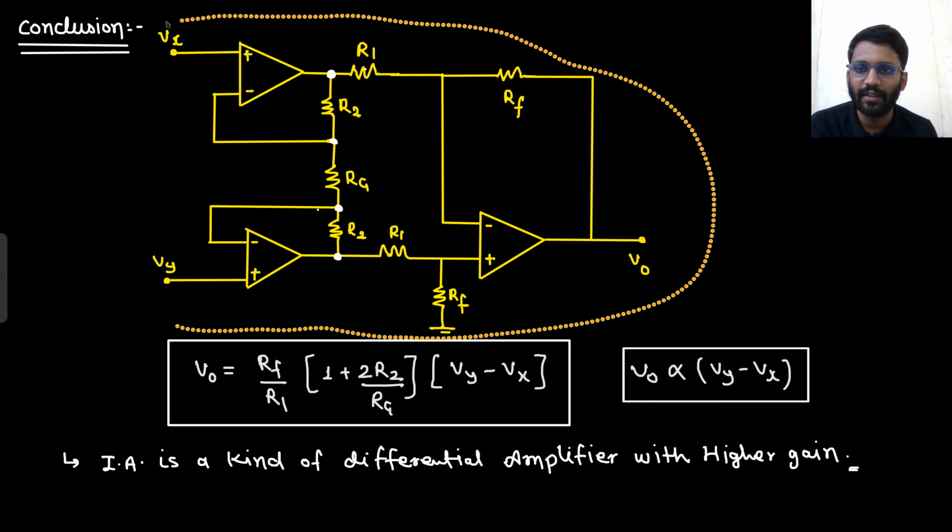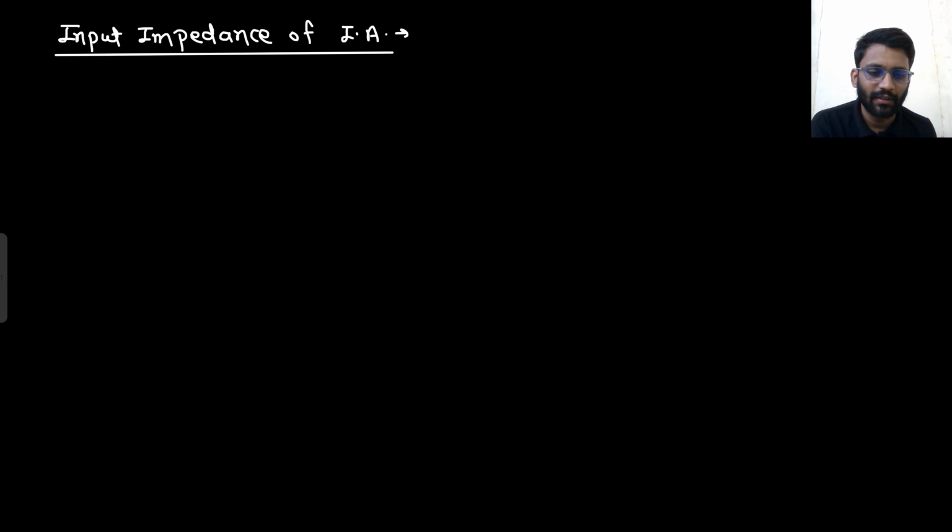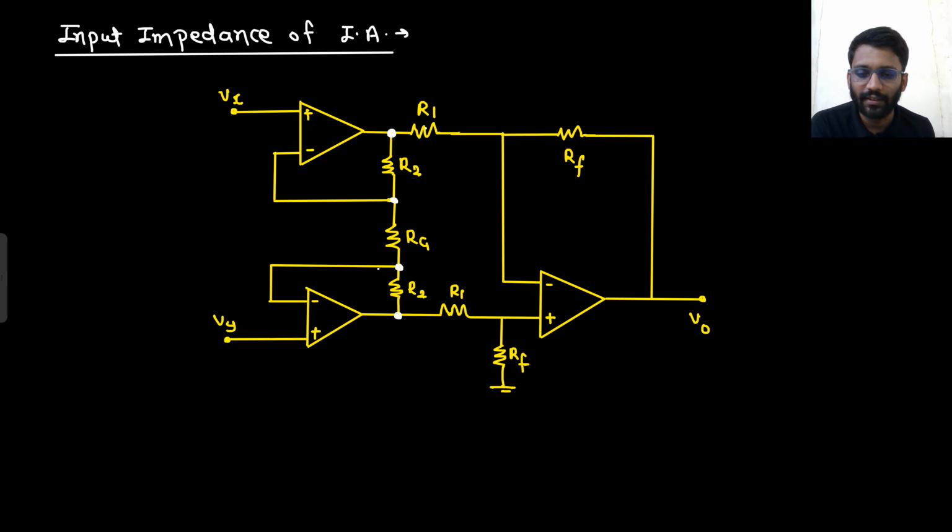You can directly tell me, it is clearly visible. What is the answer? The answer is infinity. Why is it so? Because I will apply a battery of V in here and get the current I in out of it. And what is the current getting out of it? That is equal to 0.